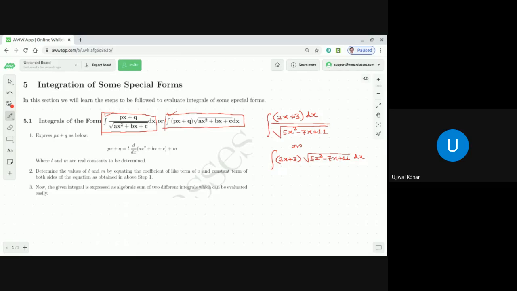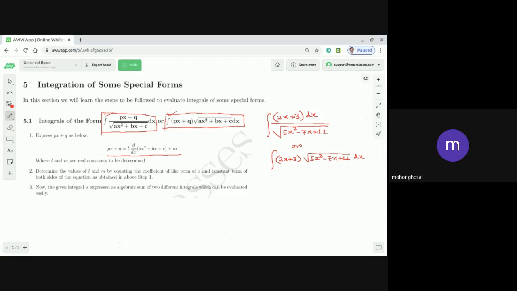The first step is to express the numerator, that is px plus q, as L into d/dx of the denominator excluding the square root, that is d/dx of ax square plus bx plus c, plus a constant m.